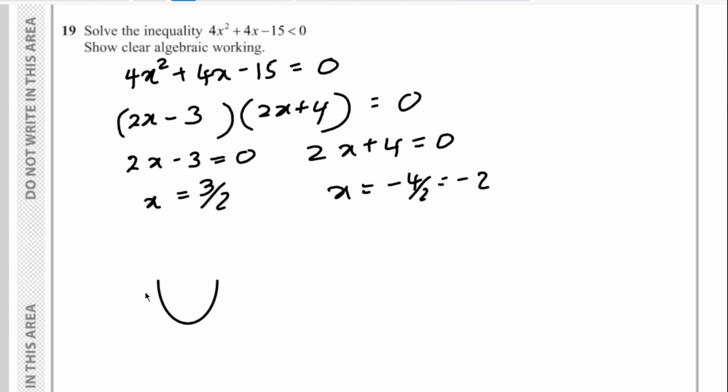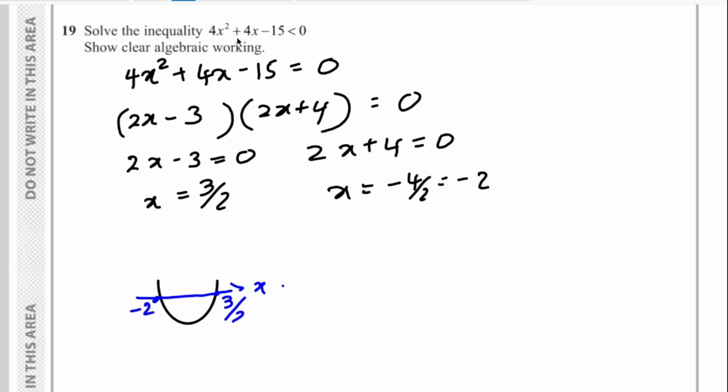I'm drawing the x-axis and labeling these 2 points. Minus comes first, therefore this point should be minus 2 and this point should be 3/2. This is the x-axis. Once we solve a quadratic equation, we get the points where the curve intersects the x-axis. We call them roots or critical points.